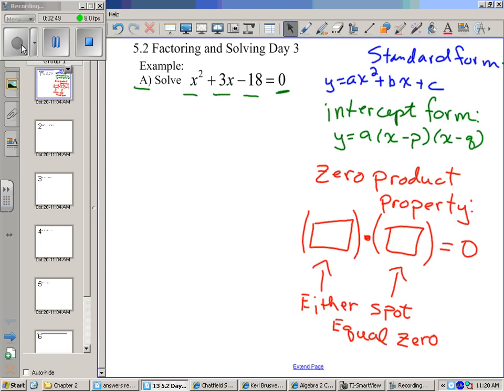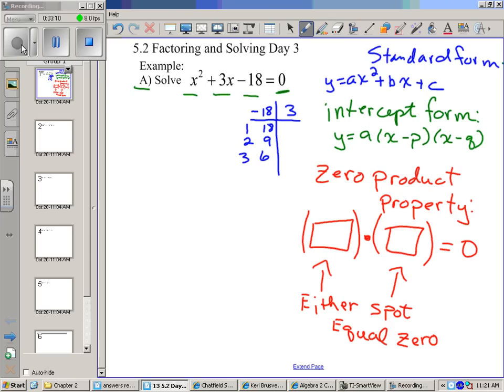Since a is equal to 1, I'm going to use basic factoring. So basic factoring says what multiplies to be negative 18 and adds to be 3. So my factors are 1 and 18, 2 and 9, 3 and 6.